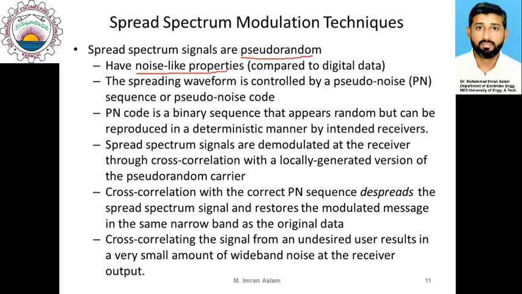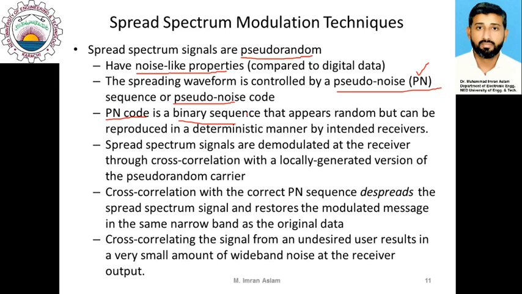So how is this noise signal generated? The modulating signal is spread in the frequency domain by using a pseudo noise sequence, or PN code. This PN code is a binary code which, although it appears random, is reproduced in a deterministic manner so that whenever a receiver needs, it can reproduce the signal.